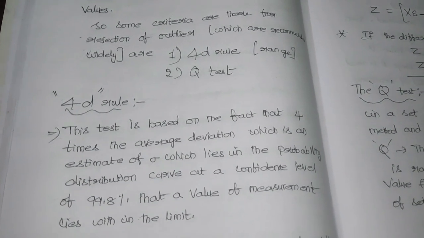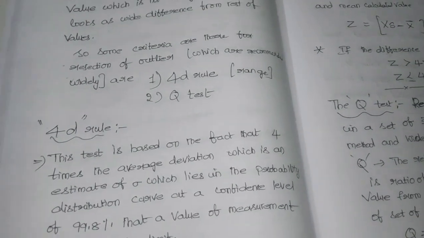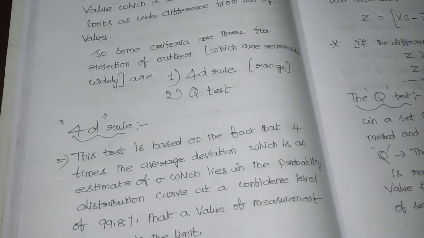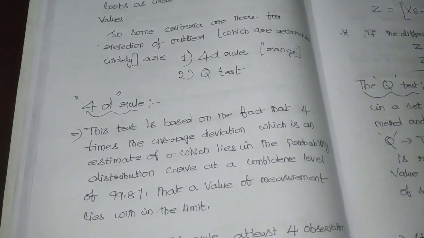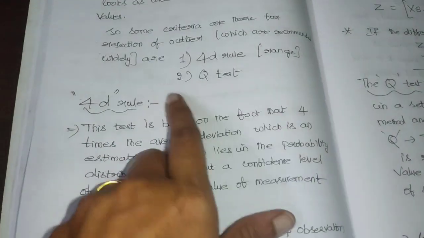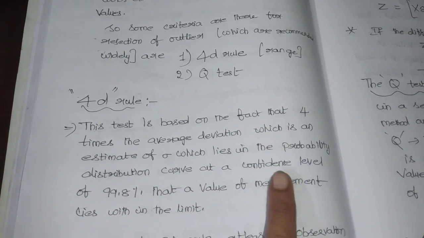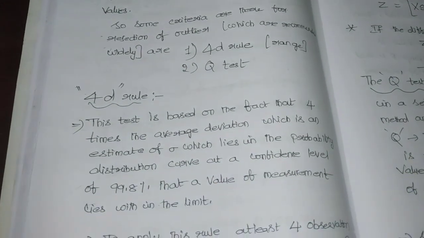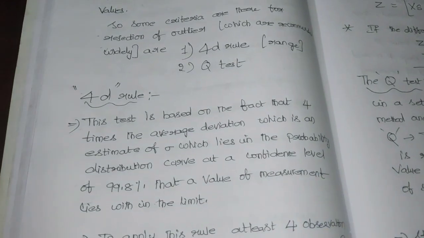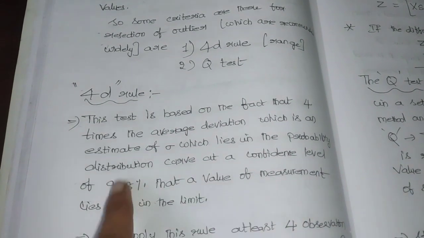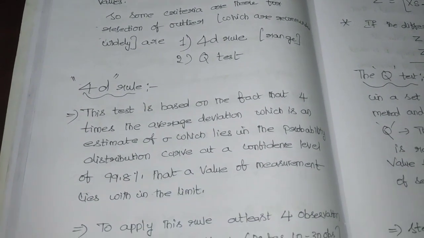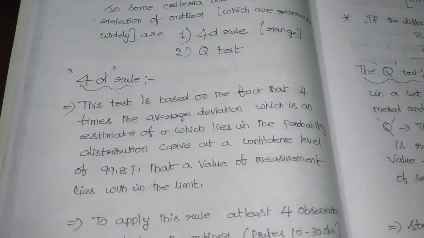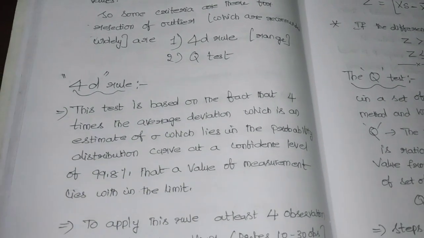Using this we can remove the data which we don't want. For the rejection of an outlier, we just take the average deviation and multiply it by 4, so that it lies within a confidence level of 99.8%.